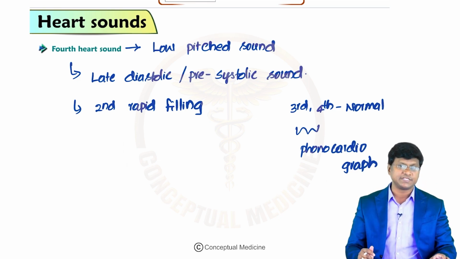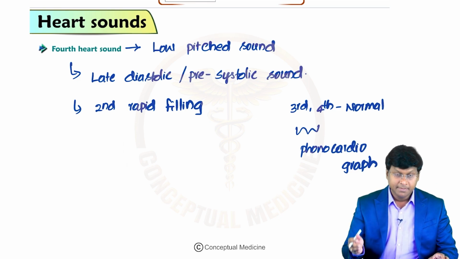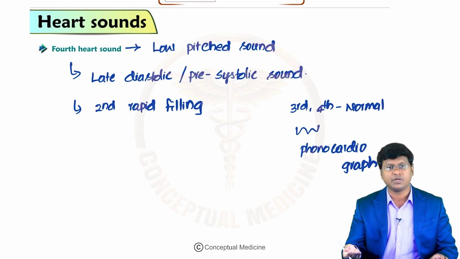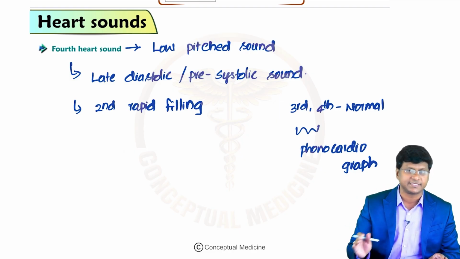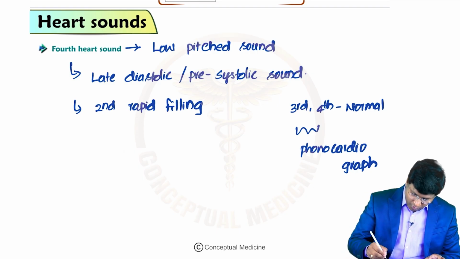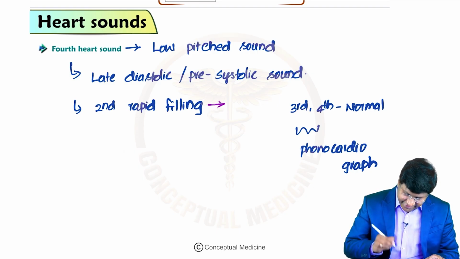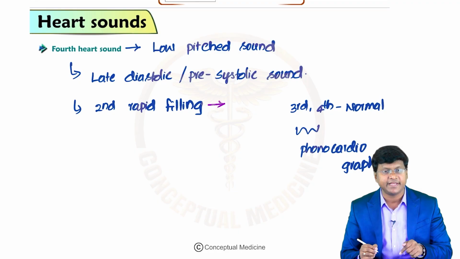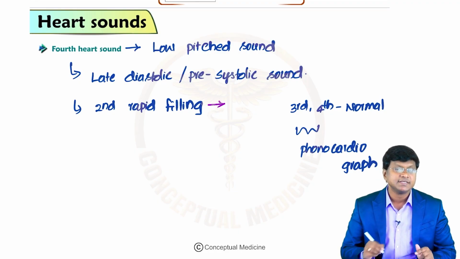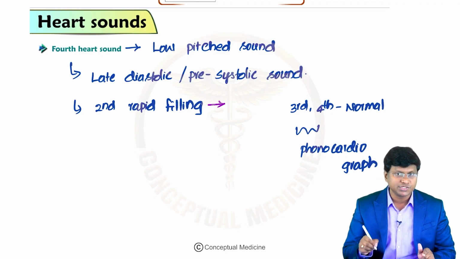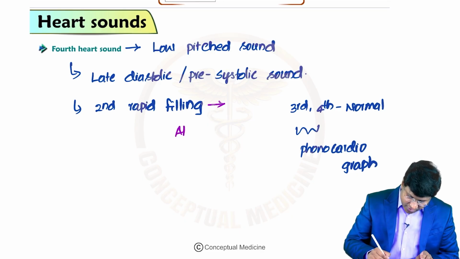But pathological S3 and pathological S4, you can listen to with the stethoscope as well. And what is the event which is happening within the atria during second rapid filling? Second rapid filling is caused due to atrial contraction.